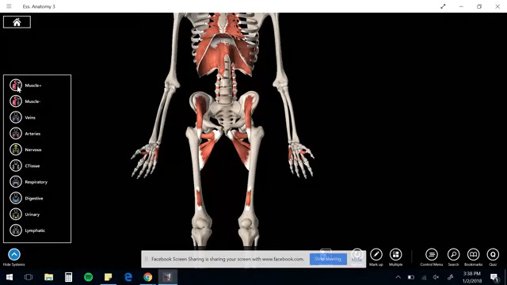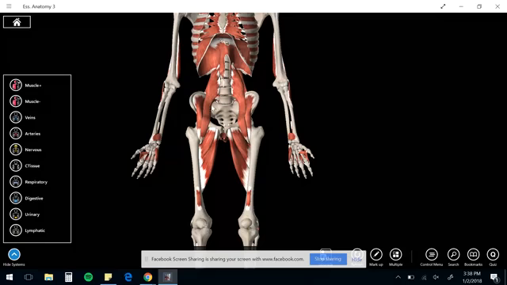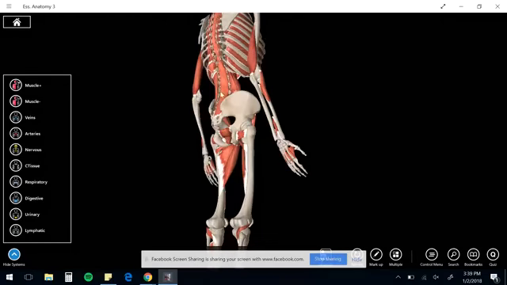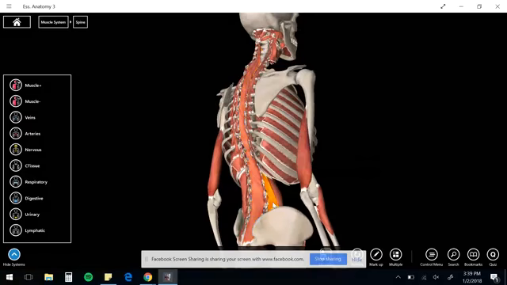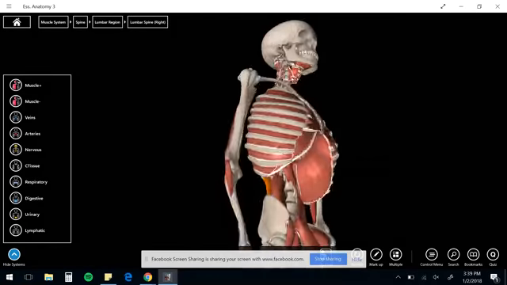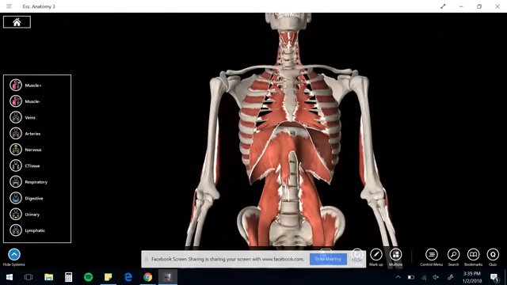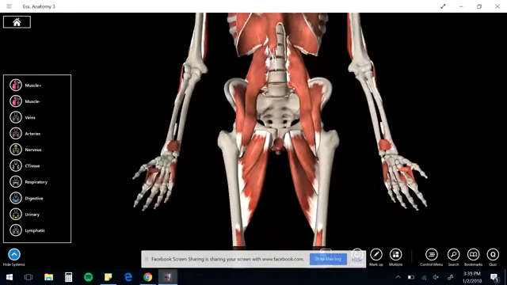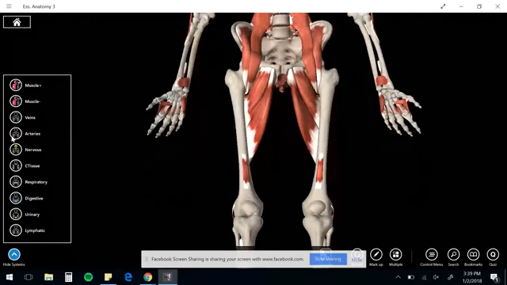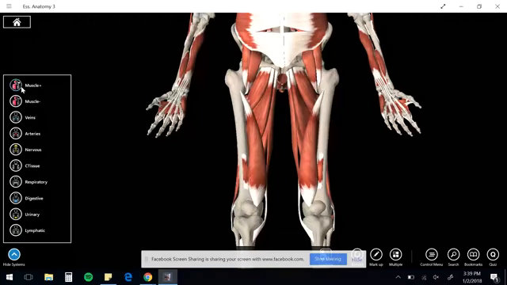Yesterday we talked about the low back area, these groups of muscles here. Today we're going to get more into the front area and talk more about the thigh. So let's add some muscles on here.